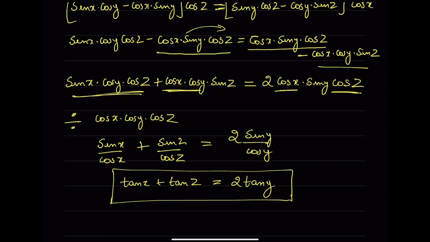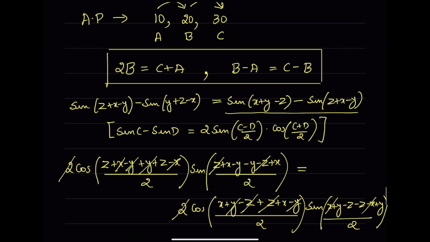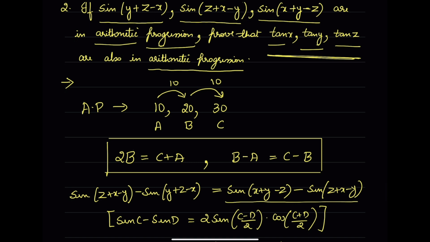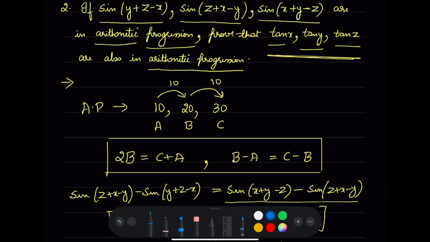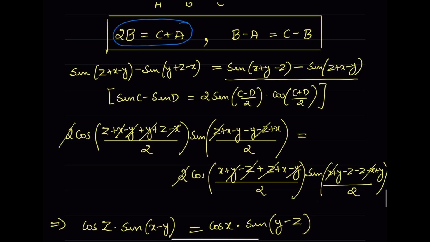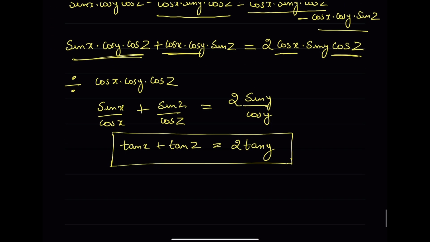Now let's go back to the understanding that we had about arithmetic progression. So in arithmetic progression, if a, b, c are in arithmetic progression, then 2b is equal to c plus a. So if we consider x, y and z are in AP, then 2y is equal to x plus z.